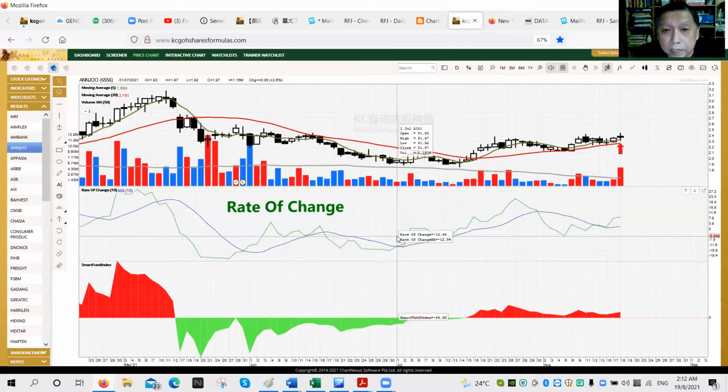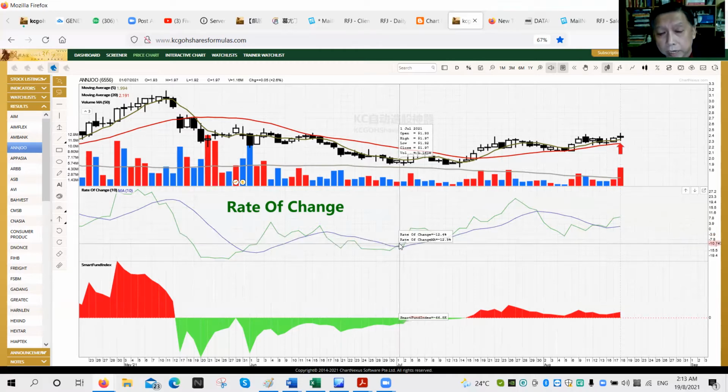Okay, so the second day, the price closed at 197. Then we are confirmed that the price has actually reversed. And also when we look at the rate of change, the graph has already curved up.